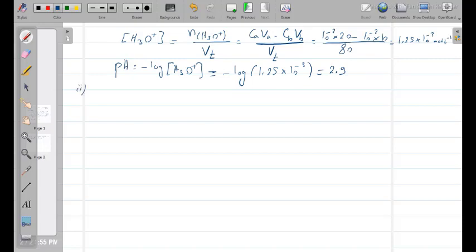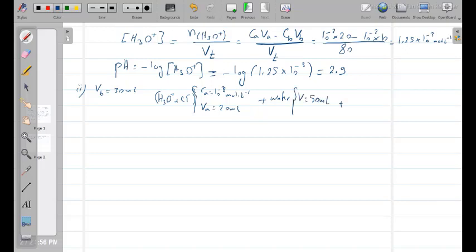Second case, for Vb equal 30 milliliter. In this case, we have H3O+ plus Cl- of Ca equal to 10^-2 mole per liter, Va equal 20 milliliter. We add water of V equal 50 milliliter to immerse the electrode of pH mixture.